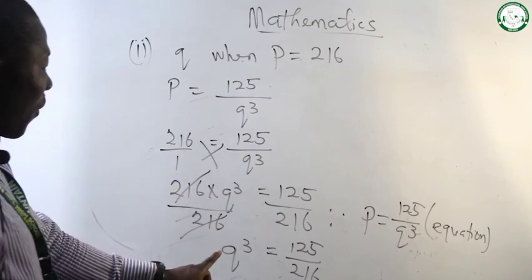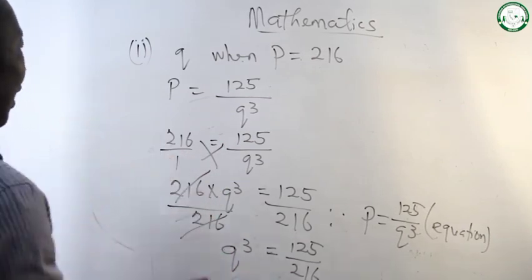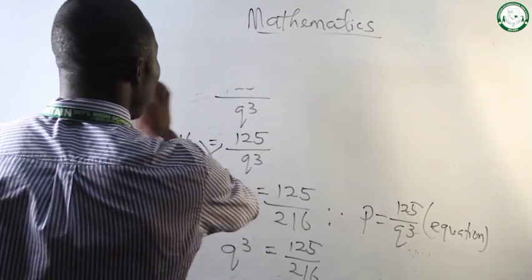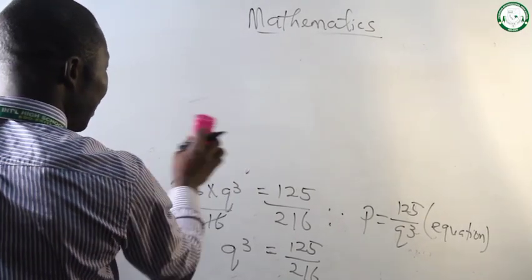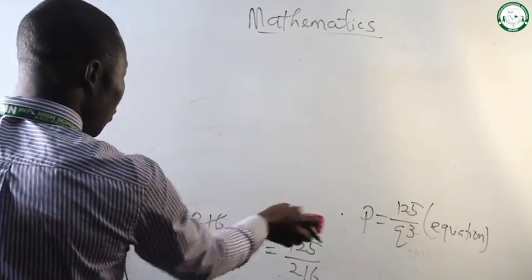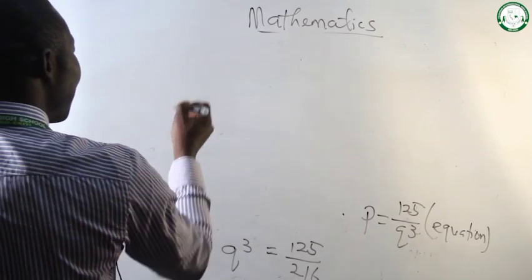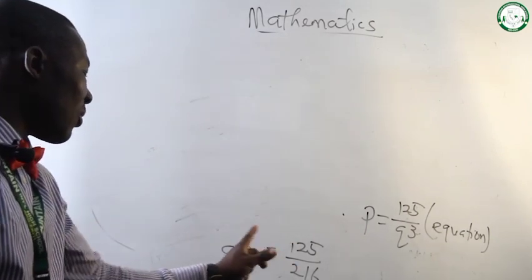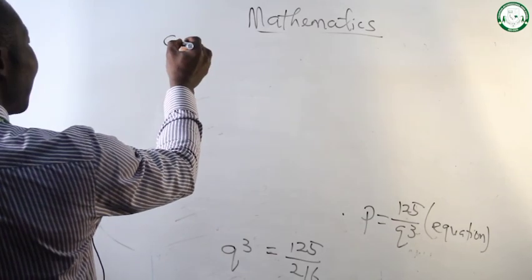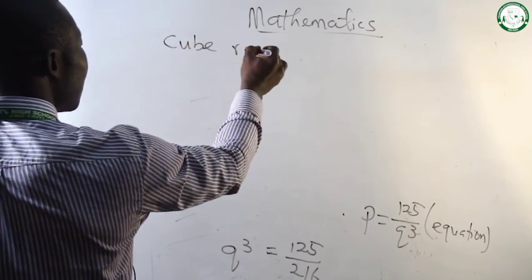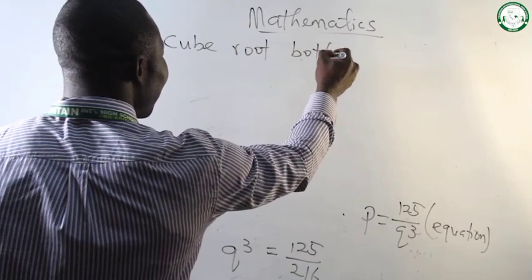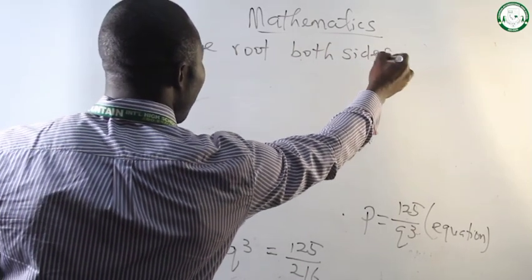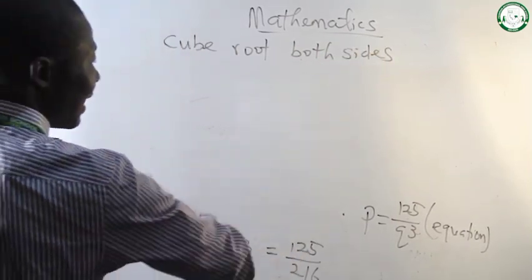Now, we are not looking for q raised to the power 3, we are looking for q. How do we get our q? This is what we are going to do: we look for the cube root of both sides. Both sides means the left hand side and the right hand side.